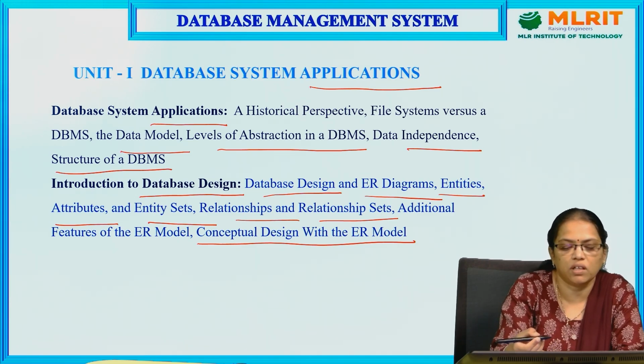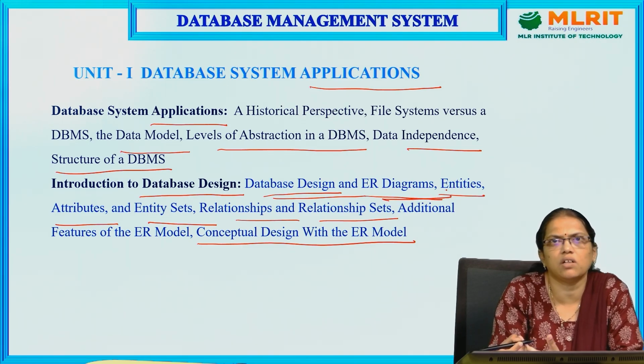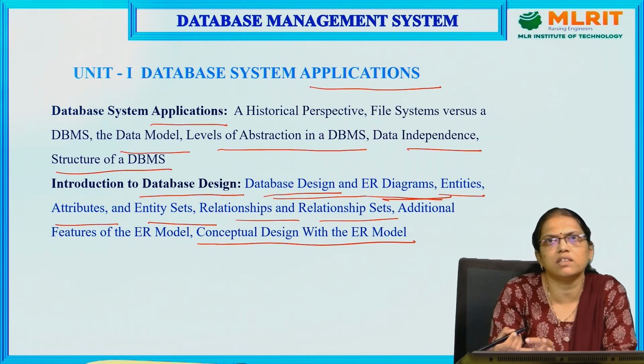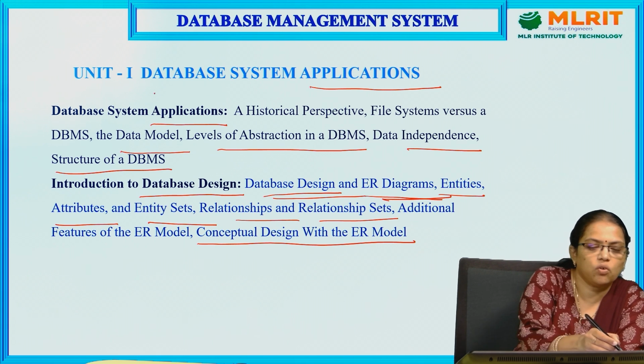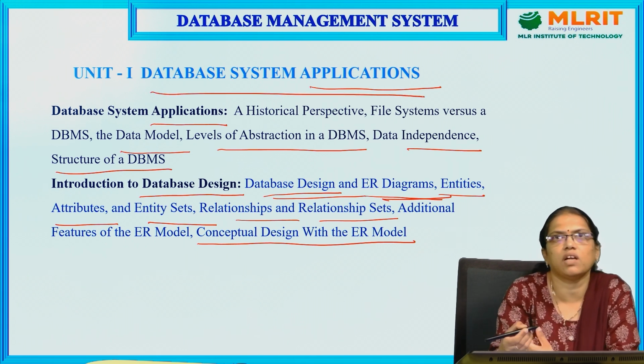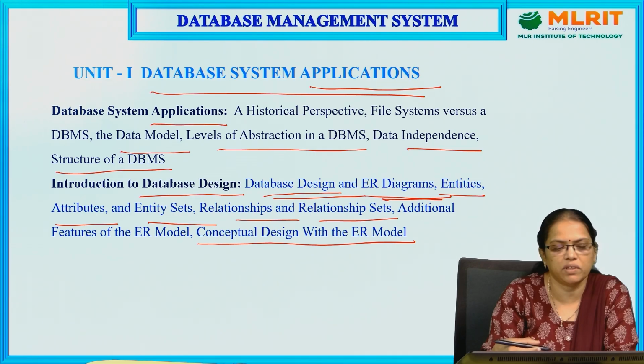When the student learns all this, he will understand what is an entity, what is an attribute, what is an entity set, and how you match a relationship between entities and attributes, and will learn the complete ER model structure. This is about the first unit. It only concentrates on the introduction and the major terminology which students need to know at the entry level of database management systems.